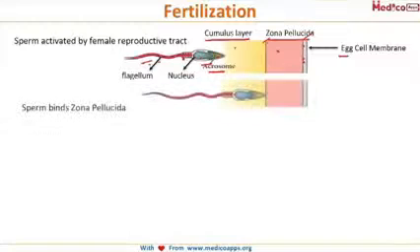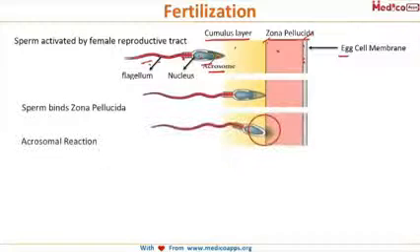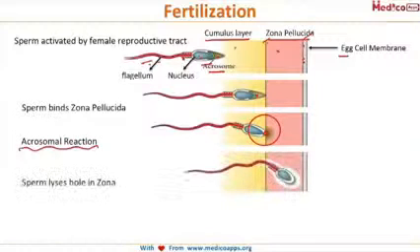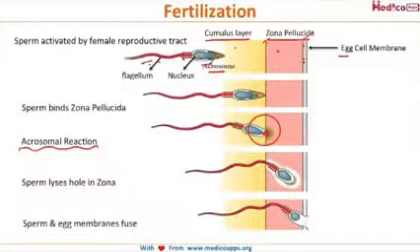Now this sperm crosses the corona radiata and attaches itself to the zona pellucida. It causes the release of enzymes from the acrosome of the sperm and this is acrosomal reaction. This causes lysis of the zona pellucida and thus allowing the entry of sperm into the secondary oocyte, and then occurs the fusion of the sperm and the egg.